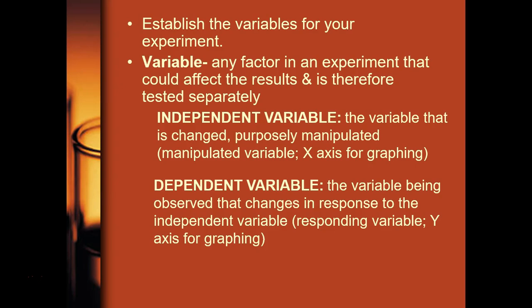So I'm taking a look back at that drug trial and I want to know how many patients see a decrease in their blood pressure. That is my dependent variable. So 50% of my experimental group saw a decrease, 10% of my control group saw a decrease. That number, that observation, that data is your dependent variable.